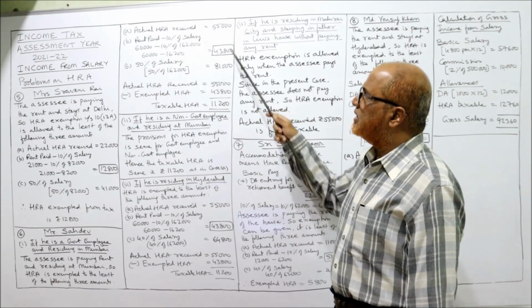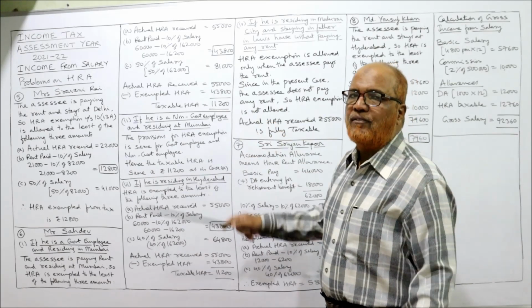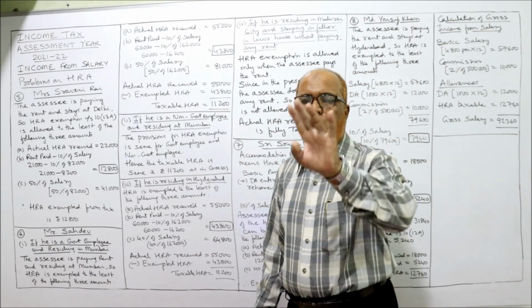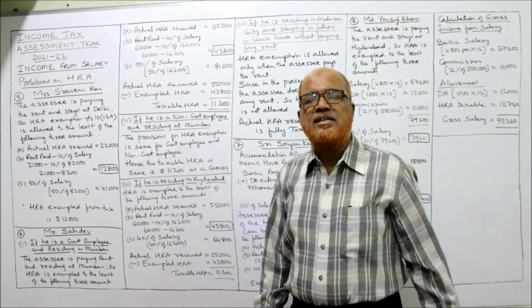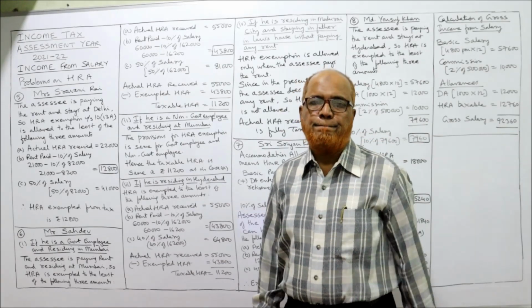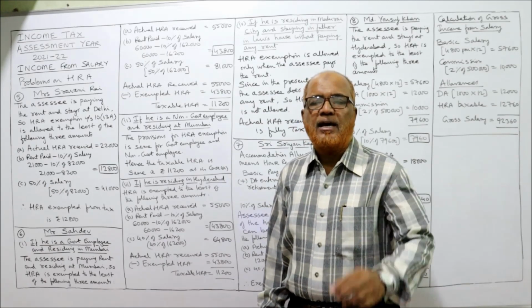So which is the least among these three? 43,800 is the least. So if it is asking you the exempted HRA, you should write exempted HRA is 43,800. But it is not asking you exempted HRA, it is asking you taxable HRA. So how to find out taxable HRA?